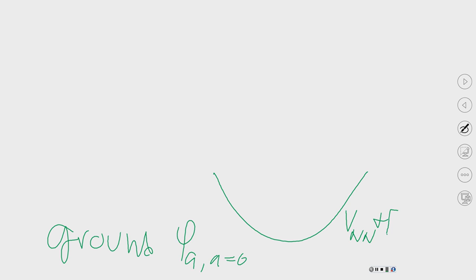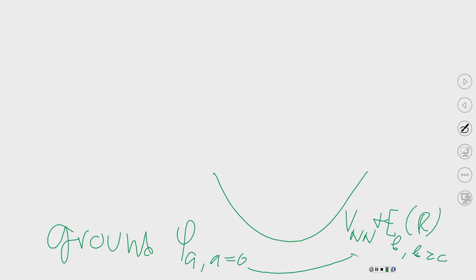Ground electronic state, phi sub A equals 0. And here we do have V_n plus E_B(R), or B equals 0.